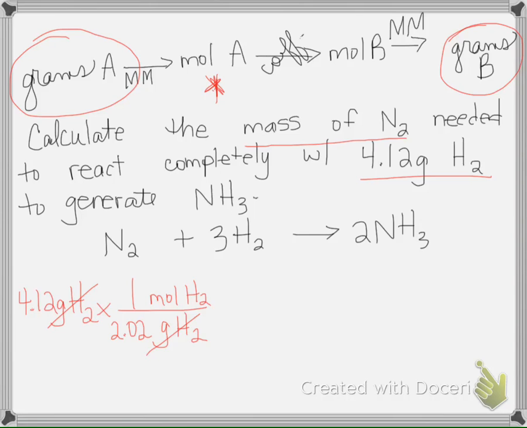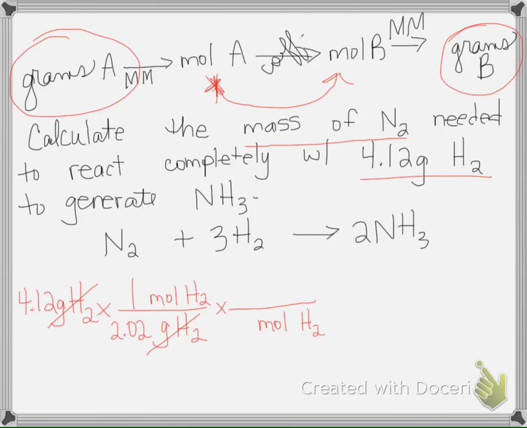Now I've got to go from here, moles of A, to moles of B. What units are going to go on the bottom for my next step of the conversion? Moles of hydrogen goes on the bottom. How do you know to put moles of hydrogen on the bottom? Well, because that's what we need to cancel. Now, what units go on the top?